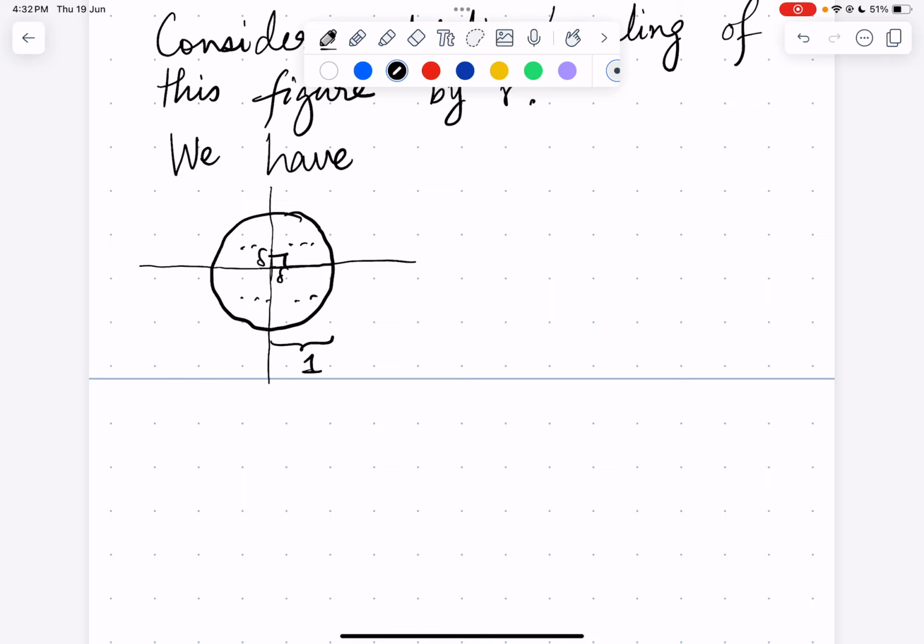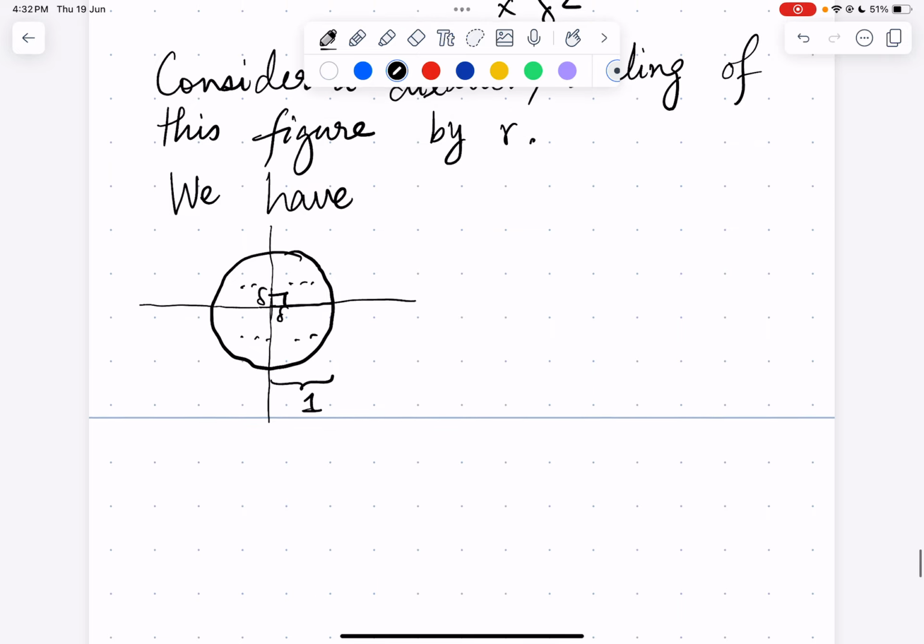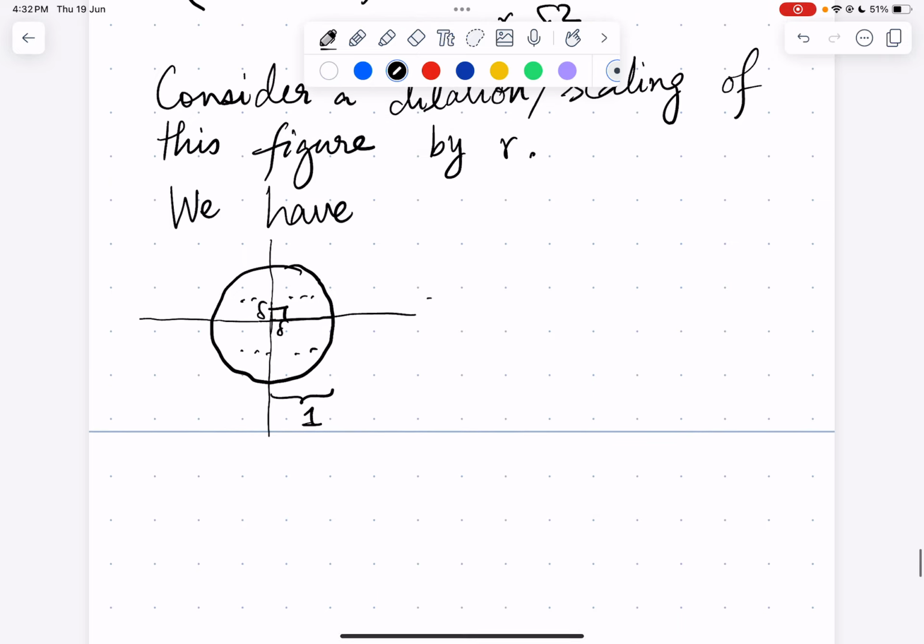What we can do is scale this entire figure, the disk and the approximating boxes, by R.